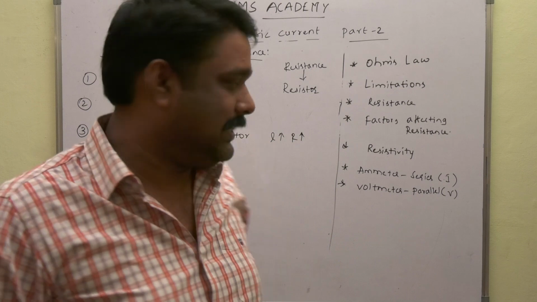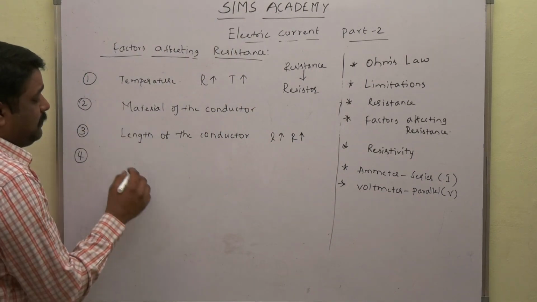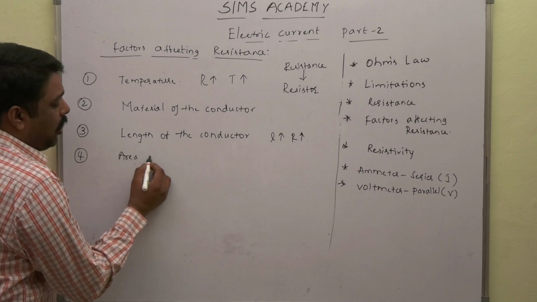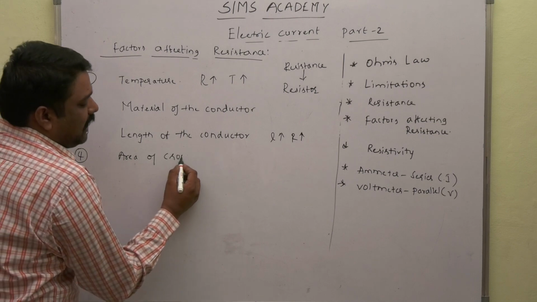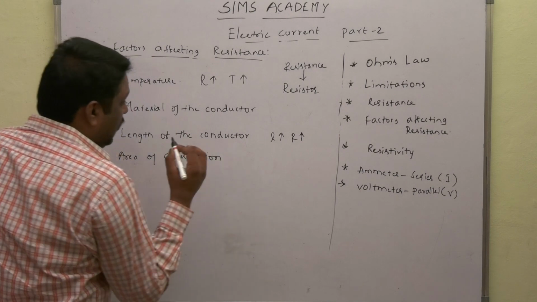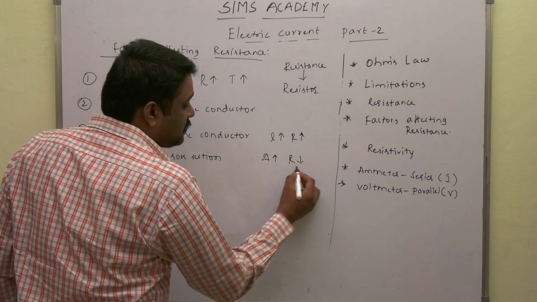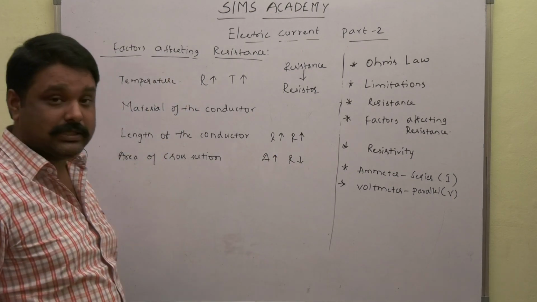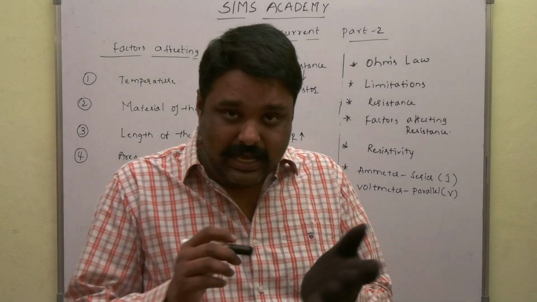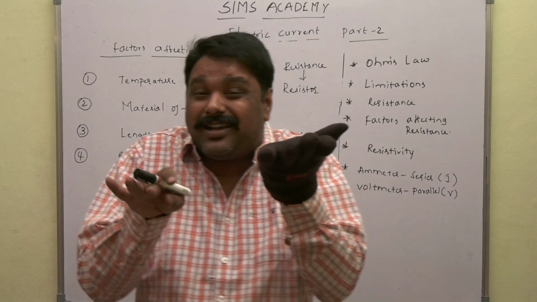Experimentally we can prove that. Next, and the last factor on which the resistance depends is the area of cross-section of the conductor. If the area is increased, the resistance decreases.